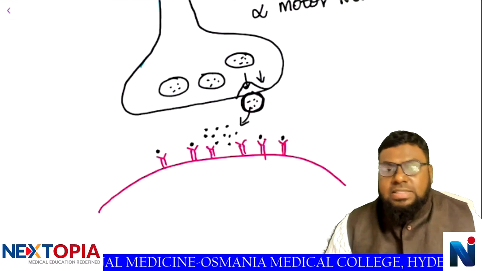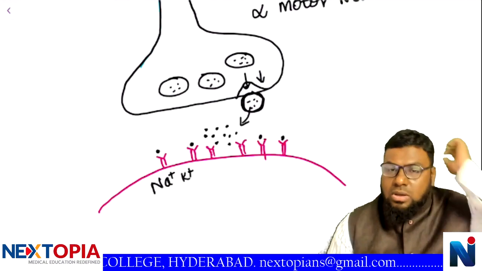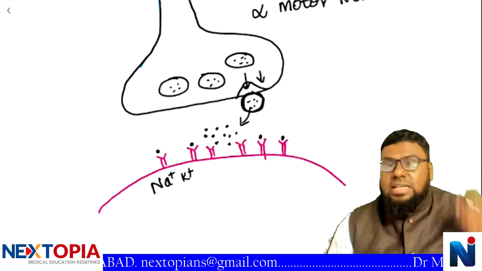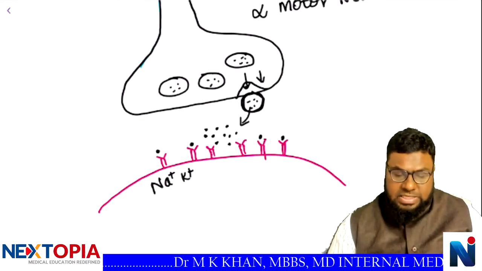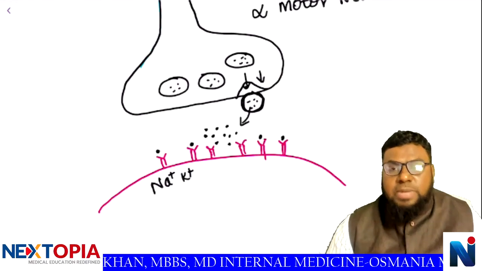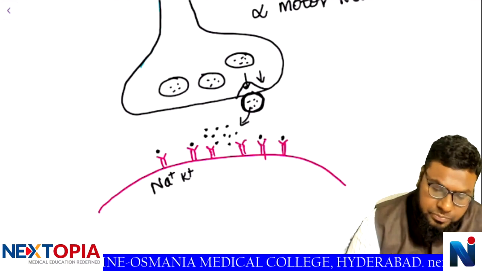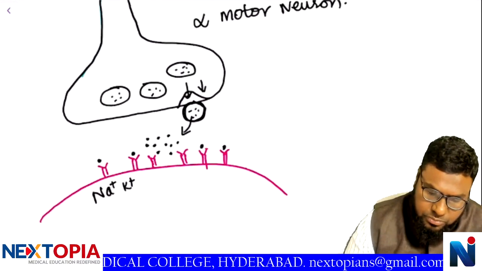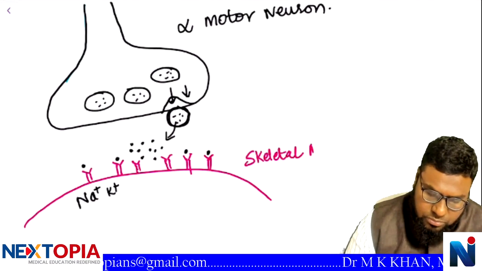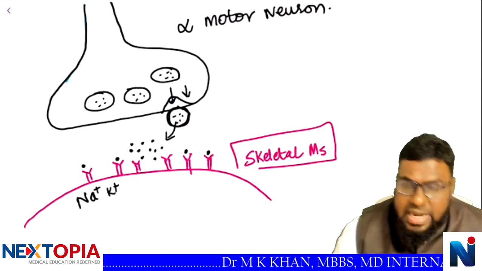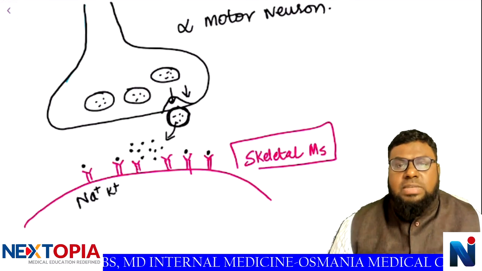Once the acetylcholine sits here, it initiates sodium potassium activity, and ligand gated sodium and potassium channels open up and bring about depolarization in the skeletal muscle. Thus there is contraction of that muscle.